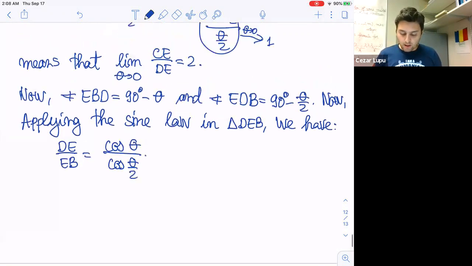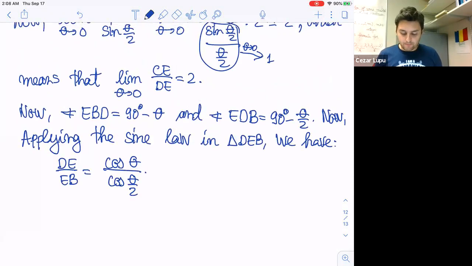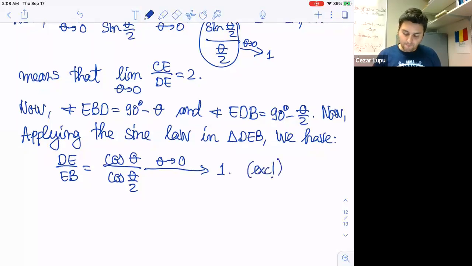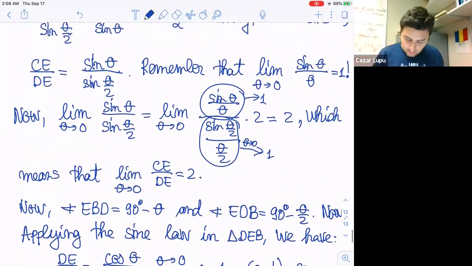And guess what? I'm going to do the same thing. I'll leave it to you as an exercise to show that as theta goes to 0, this will approach 1. It's again a Calc 1 problem. All right, so let's retain also this information.